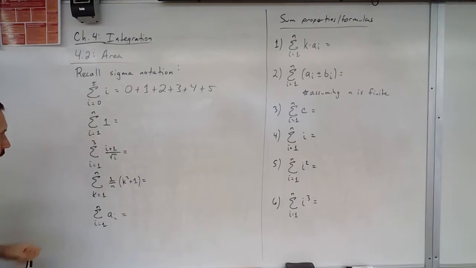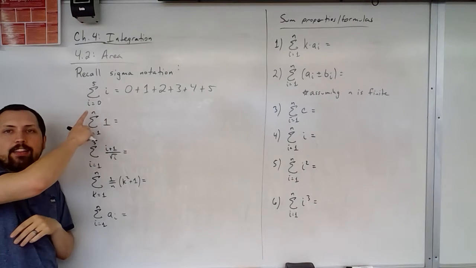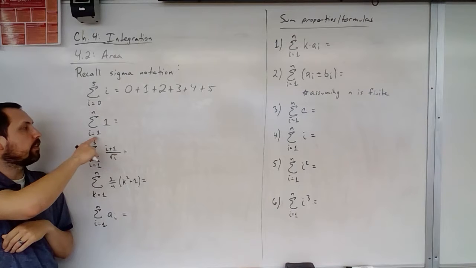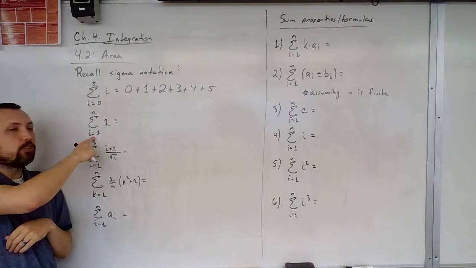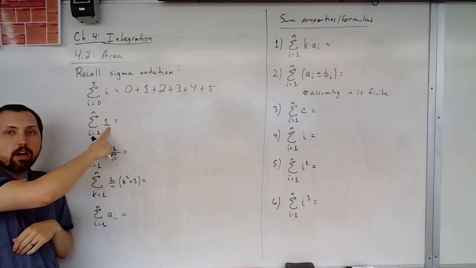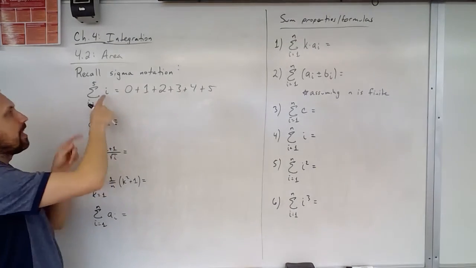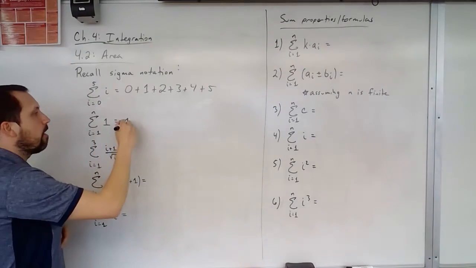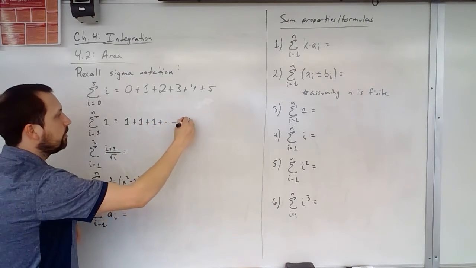Instead, i is going from 1 to n in this case, and every time, when i equals 1, I'm going to add 1. When i goes to 2, I'm going to add 1. In the previous case I added new numbers because i was differing, but here I'm going to have 1 plus 1 plus 1 plus all of these.